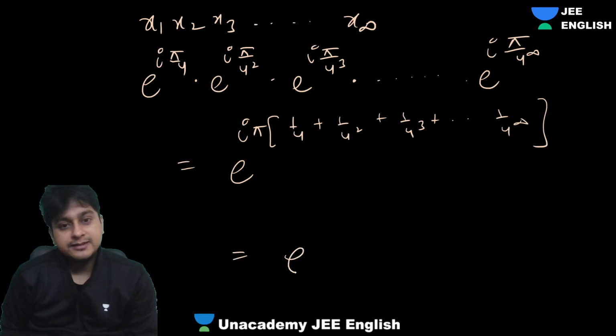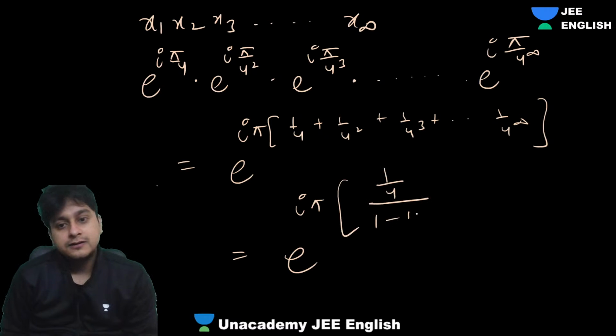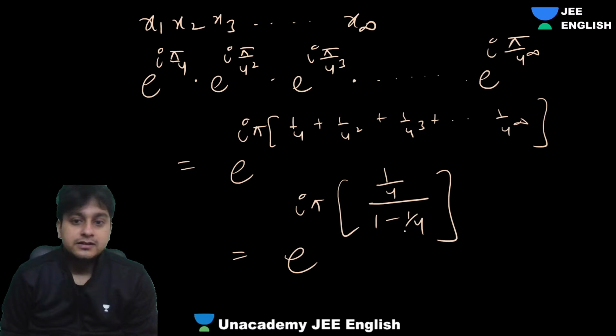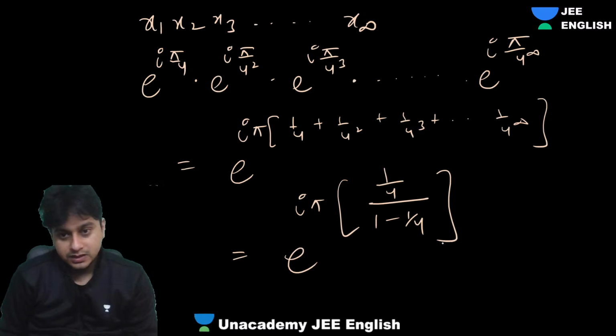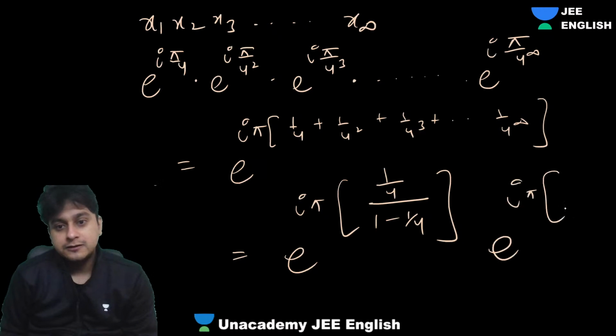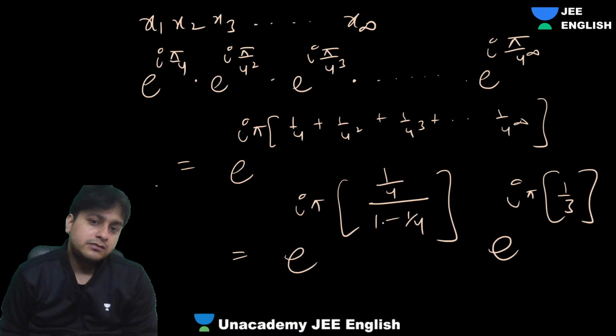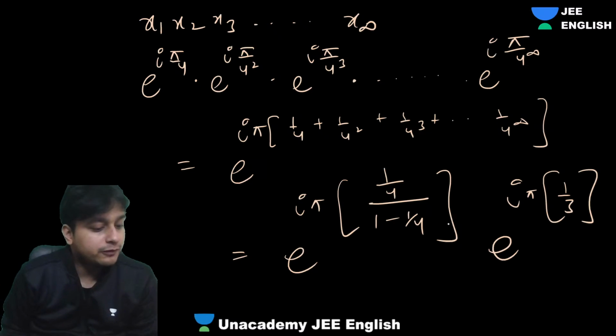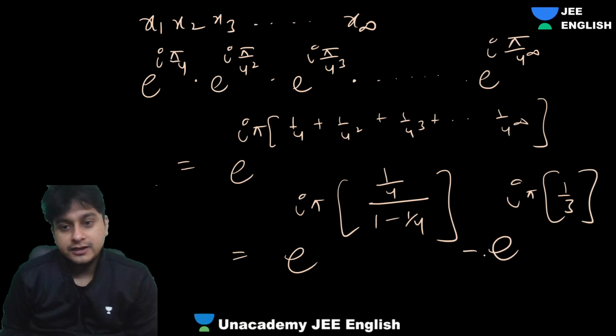So guys, this will be e power i pi times a upon 1 minus r, with common ratio 1 by 4. We get 1 by 4 divided by 3 by 4, the 4s cancel, so e power i pi by 3.